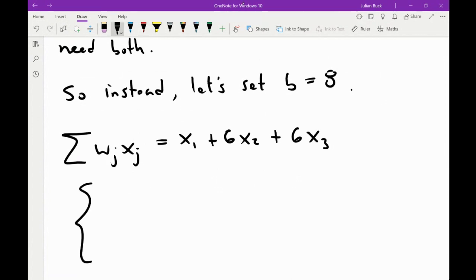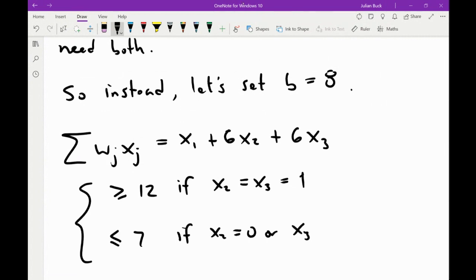And this has the property of being greater than or equal to 12 if x2 and x3 are both equal to 1, and less than or equal to 7 if x2 equals 0 or x3 equals 0. So if one of them is 0, the other one can be at most 6, and x1 can be at most 1, so that would be at most 7.